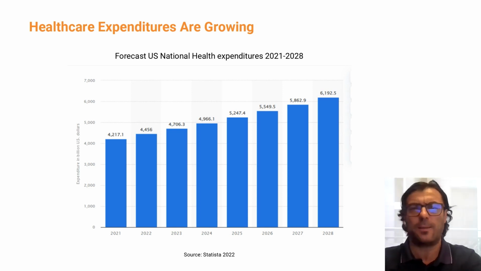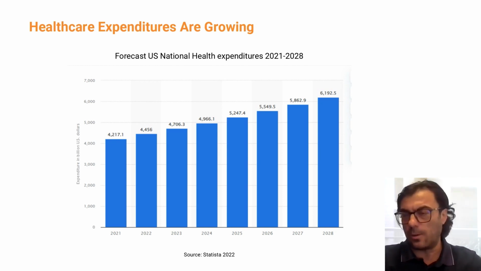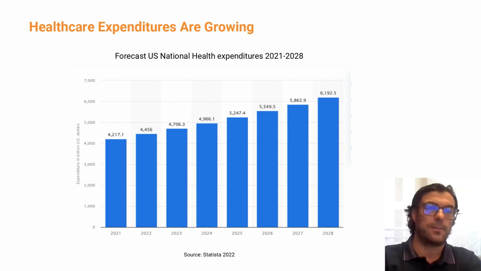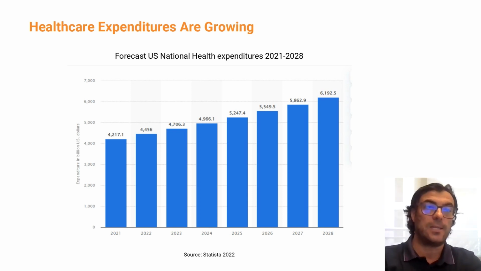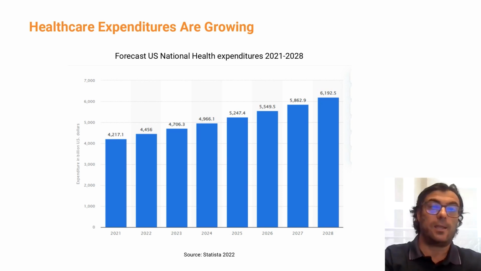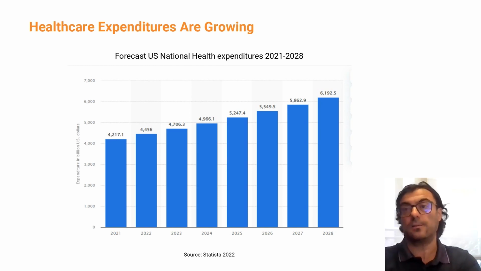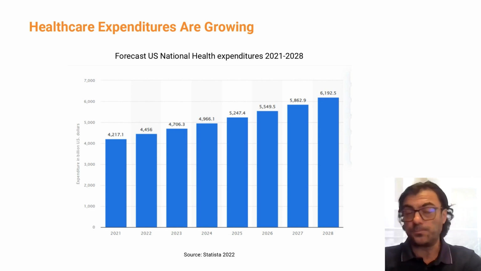This is a massive number if you just think about the size of the US GDP. And some of this will be publicly funded, some of it will be privately funded. So that means that there will be an increasing need of hospitals, primary healthcare centers, and care homes, with skilled nurses, or just for assisted living.